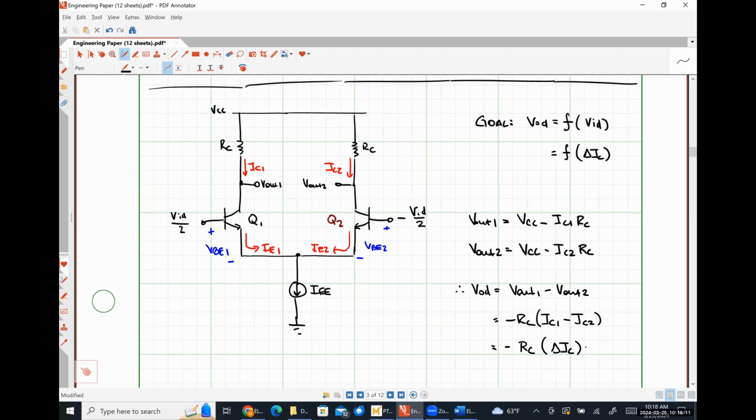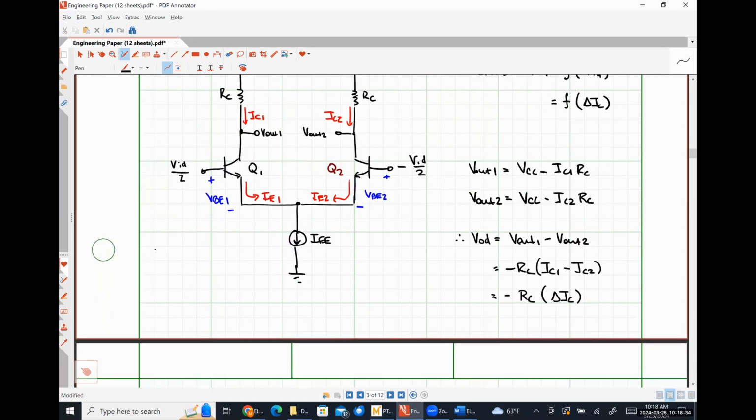So now, seems like our goal is to figure out how the change in our collector currents is influenced by our differential mode input voltage. So let's sort out how that works. Okay.